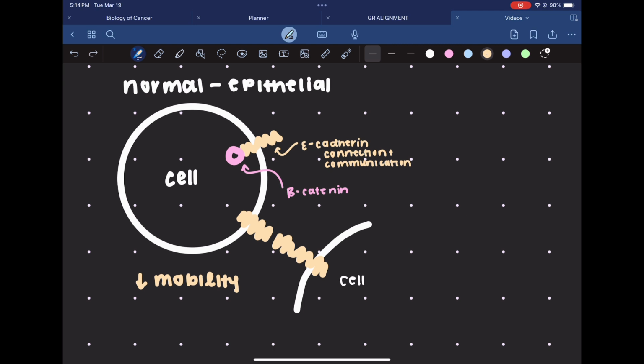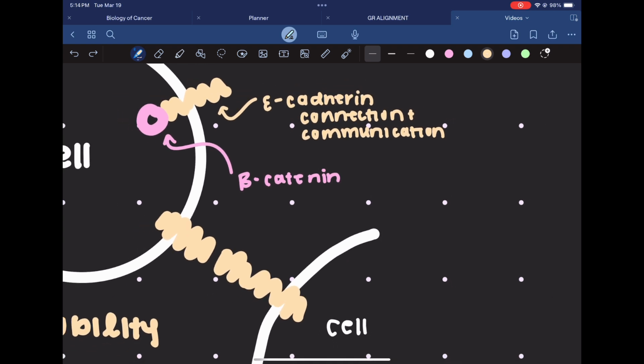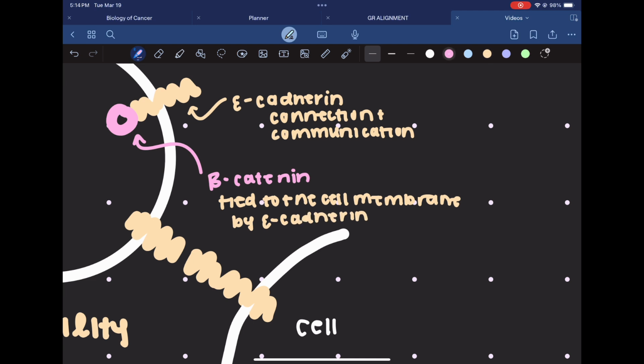Okay, and then secondly, E-cadherin anchors the molecule beta-catenin to the cell membrane. So beta-catenin in pink here is tied to the cell membrane by E-cadherin. And beta-catenin actually operates as a transcription factor, which means that its job is to facilitate the transcription of proteins in the nucleus.